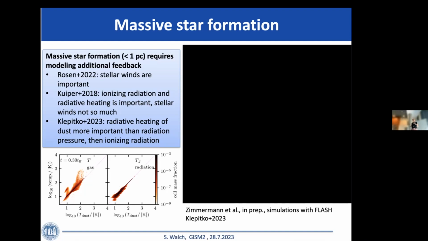And so if you already have molecules, then I think it's easier to form more of them again. So I think it will. But then the question is, how much does the star formation depend on the molecular gas fraction? That's another issue. But I think it's easier to form molecules if you already have some around.